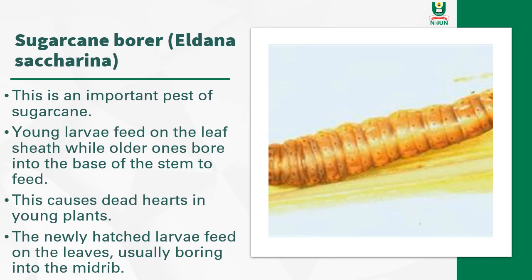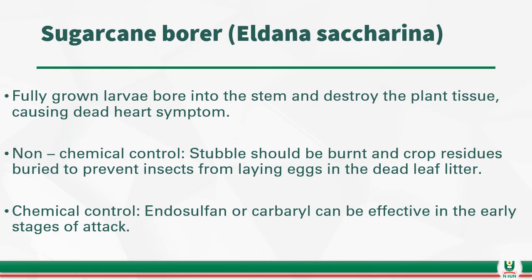The newly hatched larvae feed on the leaves, usually boring into the midrib, the middle part of the leaf, and bore into the stem and destroy the plant tissue, causing the dead heart symptom.